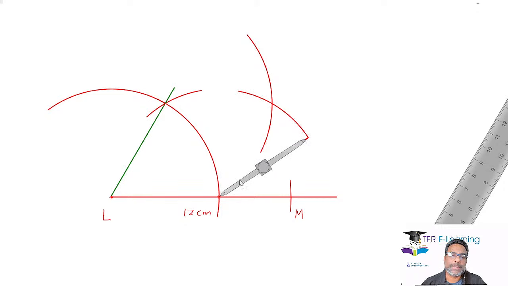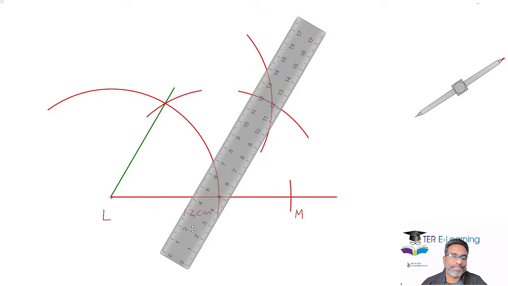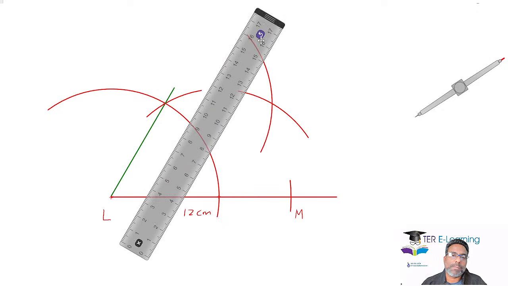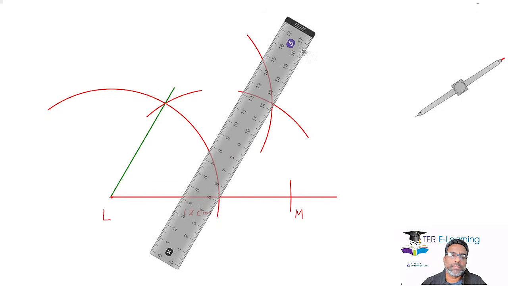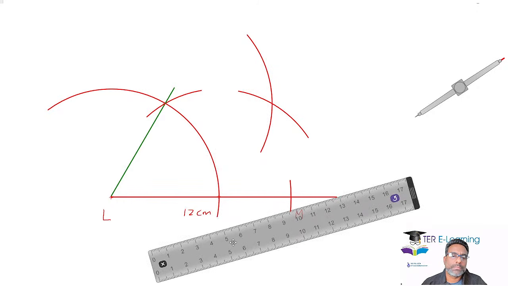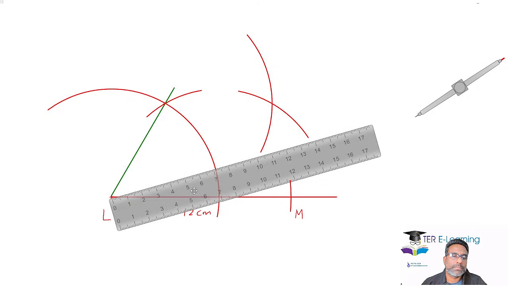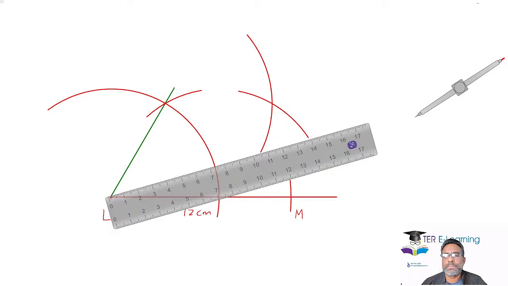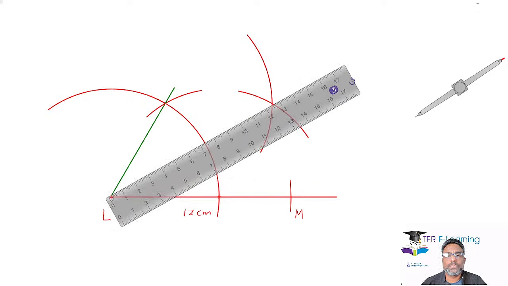So you do this, all I need to do is to take my ruler, one sec.